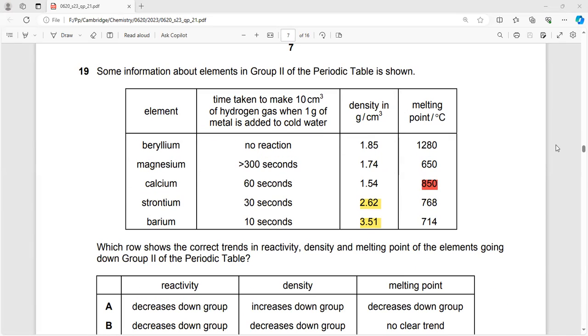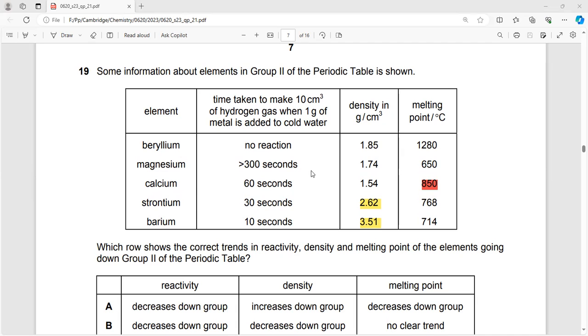Question number 19. Some information about the elements in group 2 of the periodic table is given there. So we are moving from beryllium to barium. The time taken to make 10 cm cube of hydrogen gas when 1 gram of metal is added to cold water: in the first, there's no reaction, then it takes 300 seconds, and further the time is reducing constantly: 60, 30, and 10.